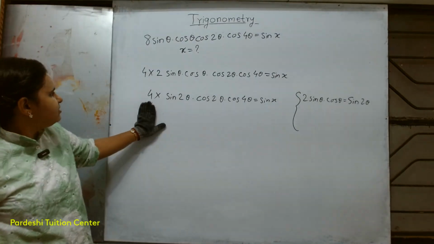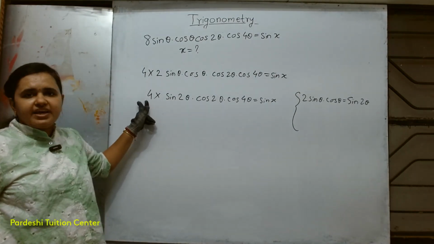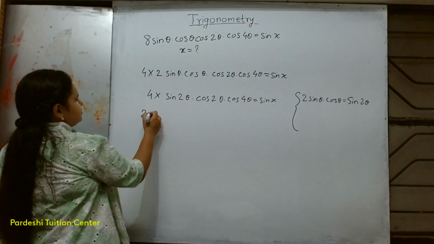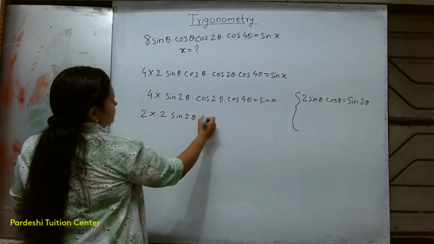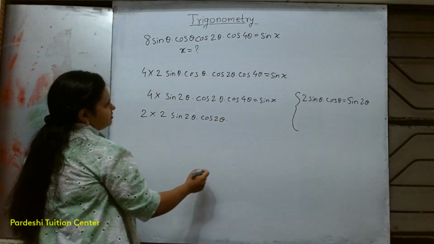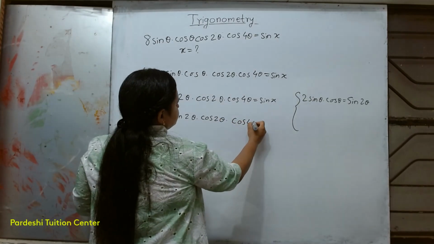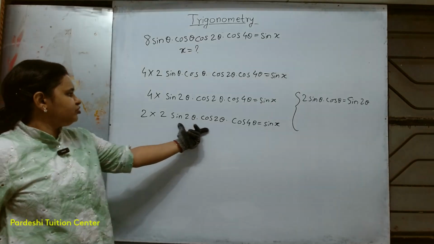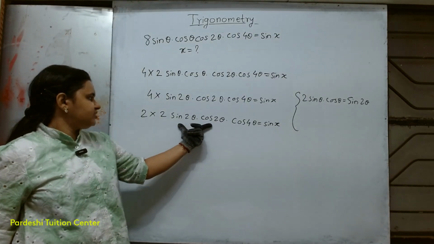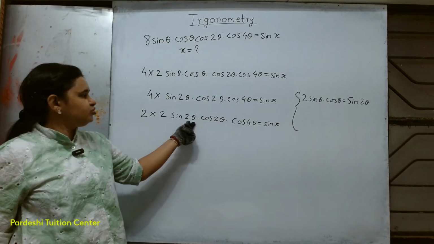Now again we can write 4 as 2 into 2, 2 multiplied by 2. Again what is remaining? Sin 2 theta cos 2 theta into cos 4 theta. Now 2 sin of 2 theta into cos of 2 theta, here theta is given as 2 theta.